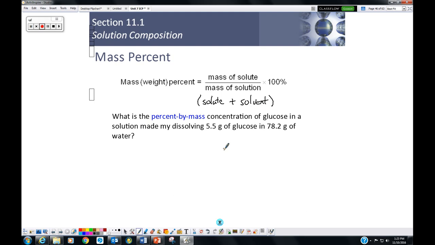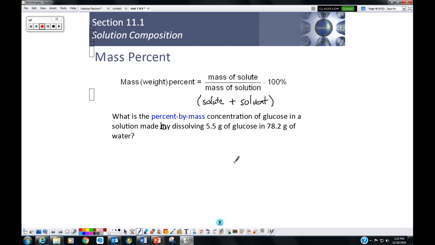So we just need to remember that as we're plugging them in. So what is the percent by mass concentration of glucose in a solution made by dissolving 5.5 grams of glucose in 78.2 grams of water?